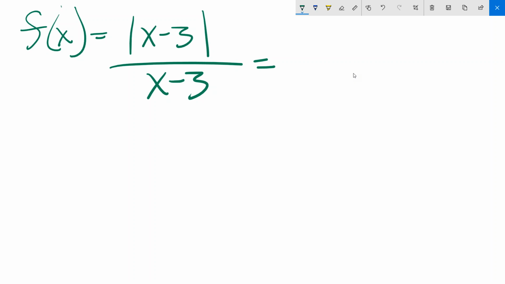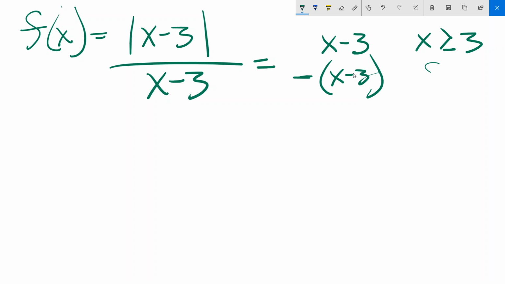In other words, let's treat it as a piecewise function. So the numerator is equal to x minus 3 whenever x is greater than or equal to 3, correct? Yeah. And the numerator is equal to minus x minus 3 whenever x is less than 3.